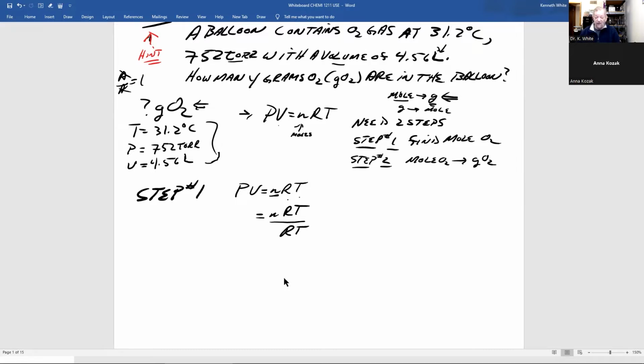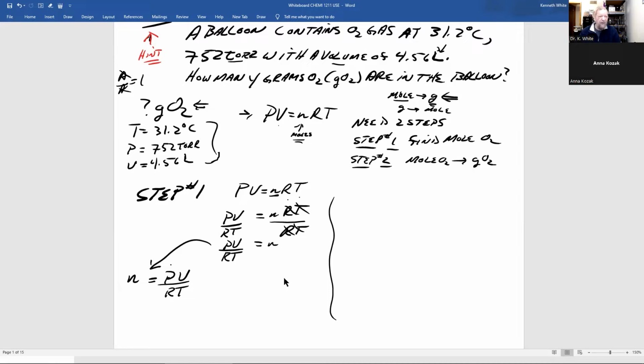R divided by R is 1, T divided by T is 1, 1 times N is N. But whatever you do to one side, you have to do to the other side of an equation. Now this cancels out, and I'm left with N, which is moles, and that's equal to PV over RT. I'll rewrite this: N equals PV over RT. So at this point, we have to first find what's the pressure, P.